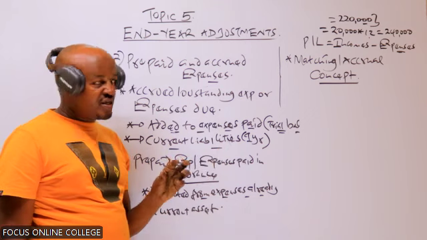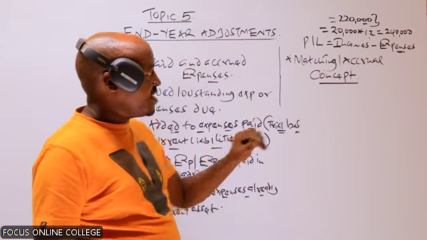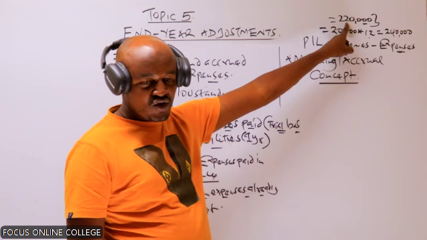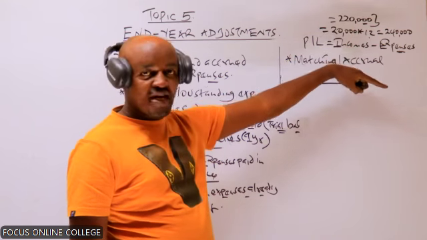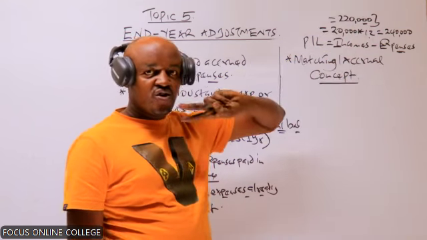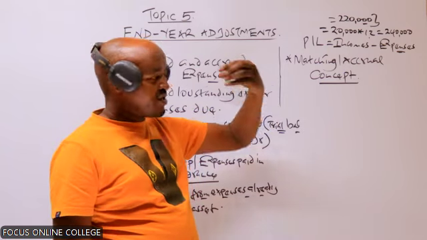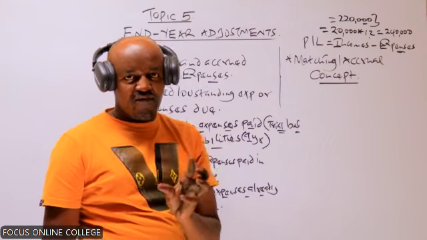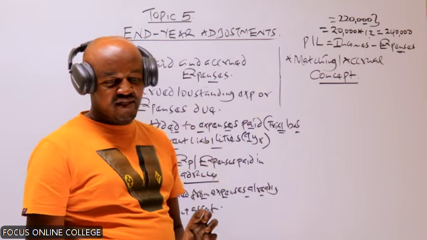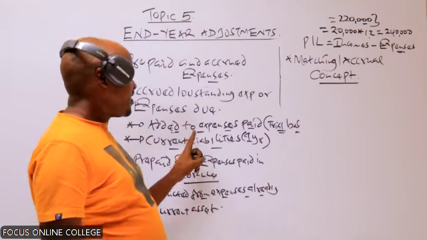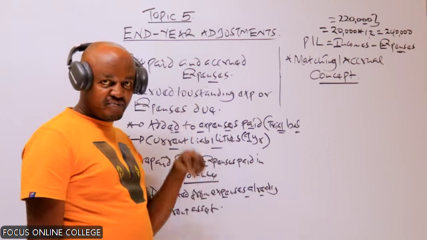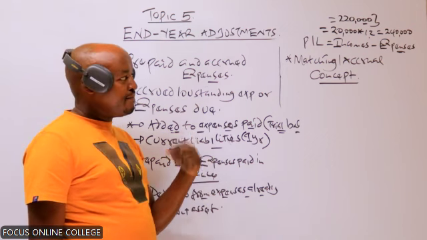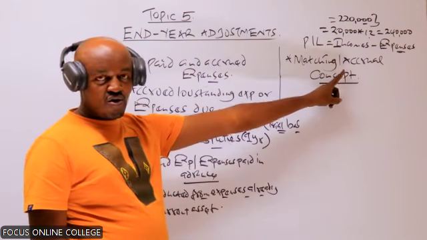So when computing the profit or loss for that year, you take what you have paid, 220,000, then you add the accrued rent of 20,000, such that you use the rent for that year, not what you have paid. So any expense which has not been paid has to be added to the expenses already paid, based on the accrual concept.